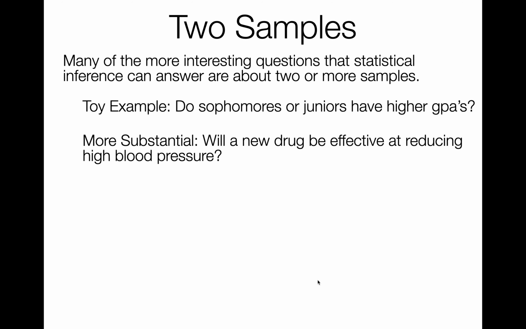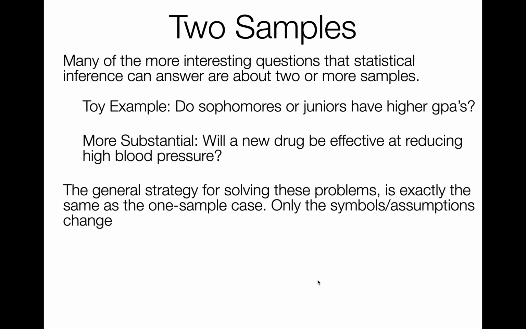A more substantial question might be, will a new drug be effective at reducing high blood pressure? It turns out that's a two-sample problem that has some more substantial, real-world weight to it. But there are all kinds of questions that we can answer with two-sample inference.